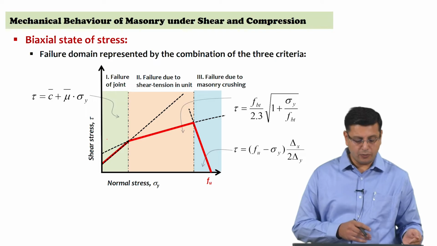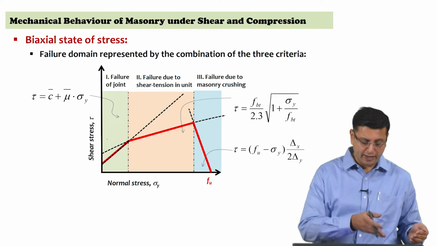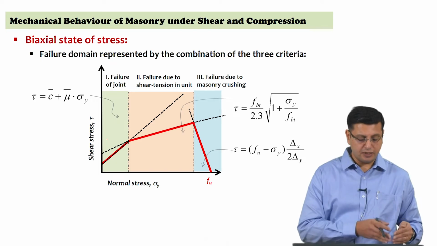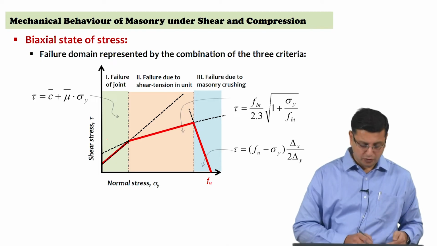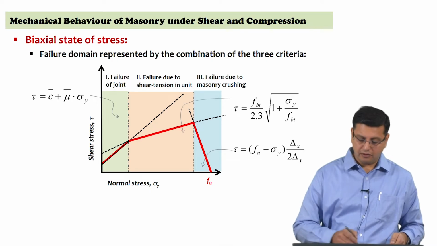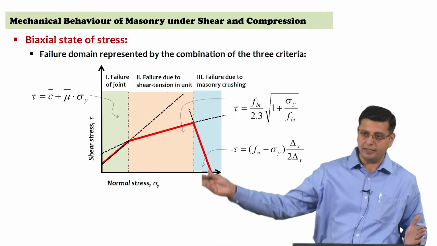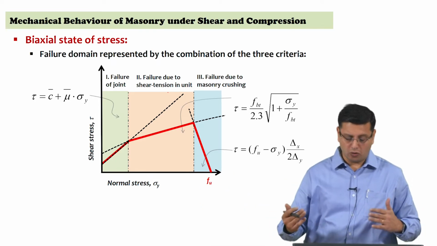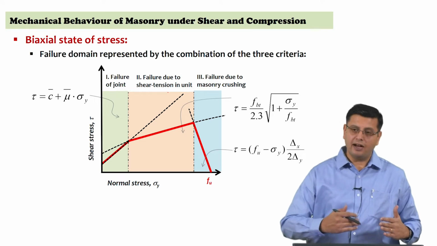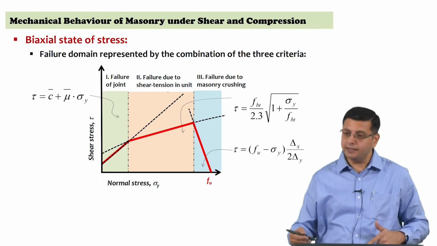We have tau is equal to reduced cohesion plus mu into sigma y, where mu again is the reduced friction coefficient, being the first criterion. If you use that criterion, you would get the first set of dotted lines in the first zone. It will basically overlap at some point or become higher in value in terms of tau with respect to the second criterion, right.